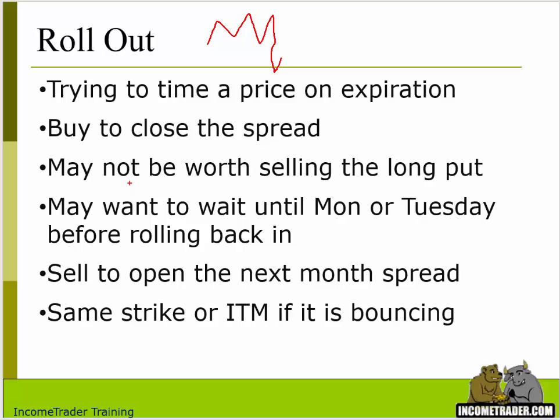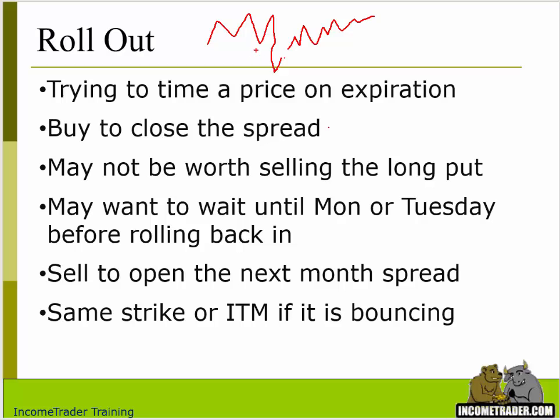Because you look at it and go, well, I only have a few more days and it's not worth unwinding it. There's not enough time for my long position to move in order for me to profit. So you would buy to close your entire spread, and then you would look to push this out to maybe another month or so, allowing it more time to move back into its fashion.